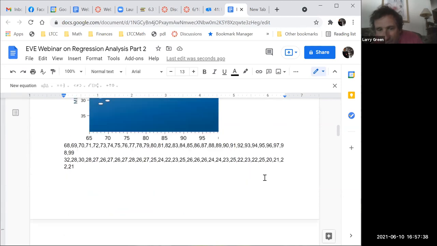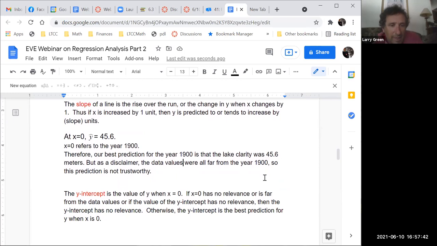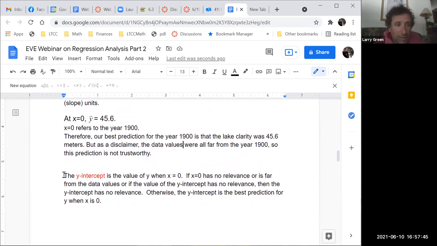I want to mention a few things, and that is the following. This is on the y-intercept now. First, the y-intercept, as we mentioned, is the value of y when x equals 0. Sometimes x equals 0 has no relevance. For example, I'm not sure if it was our class or the last class, we looked at your age and how many units you have left to get a degree.